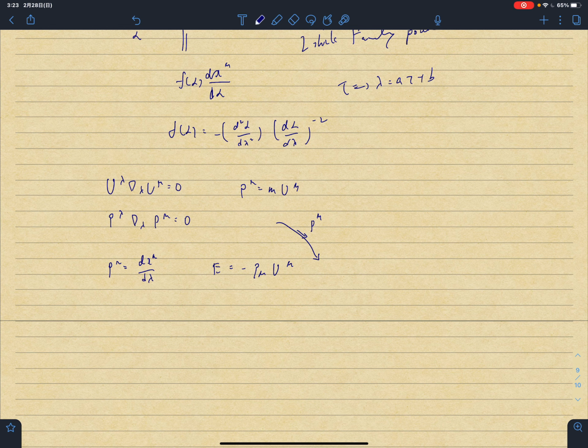This equation always tells us the energy of a particle as measured by an observer with four-velocity u mu, whether null or time-like. You can check it by going to a local inertial coordinate frame.